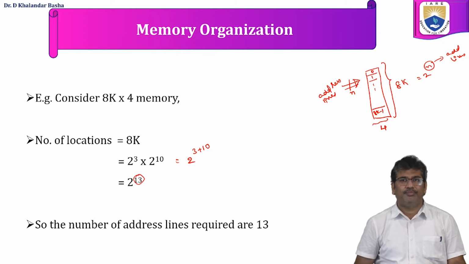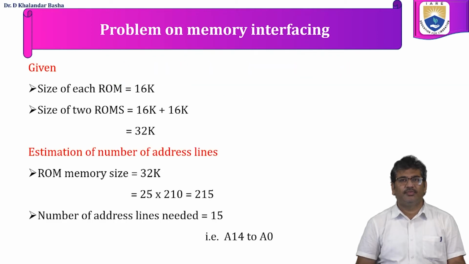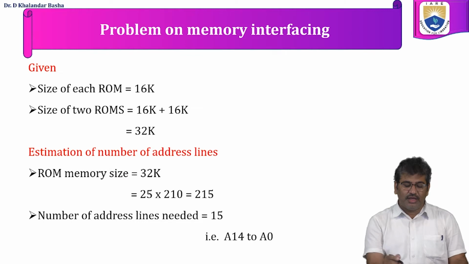Now coming to the problem, interface two 16K by 8 EPROMs and two 16K by 8 RAMs with 8086. So first we will take the ROM. The given size is 16K. In the problem they have given two ROMs. Each ROM size is 16K.